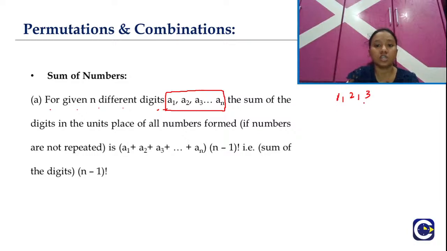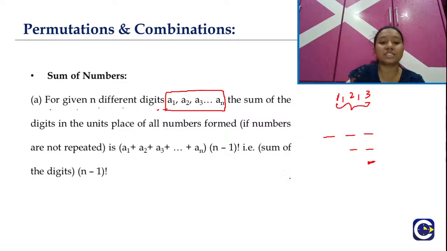So if we are having these 3 digits, the sum of the digits in the units place of all the numbers formed. With these 3 digits, we can form 3-digit numbers, 2-digit numbers and single-digit numbers. Yes or no? So once we have 3-digit numbers, 2-digit numbers and single-digit numbers, what will be the sum of all the units places?